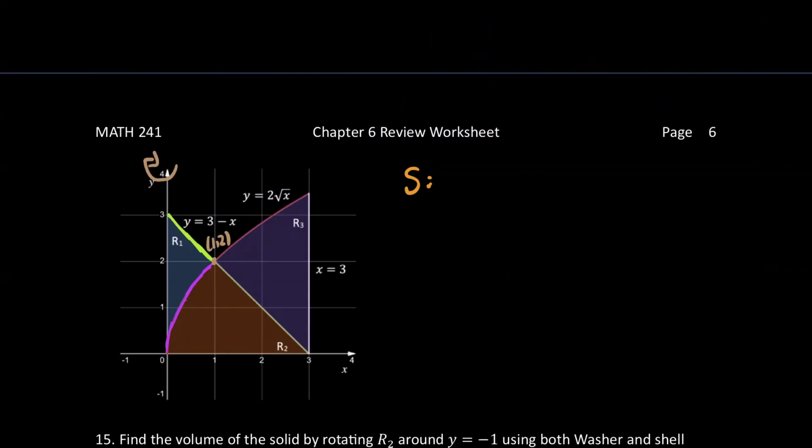So this is the height. And this is the radius of rotation.